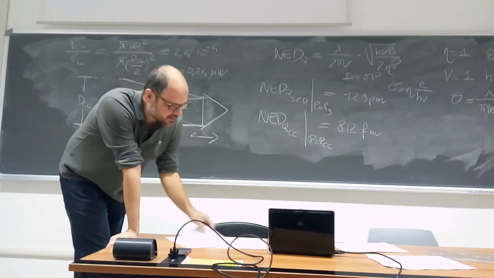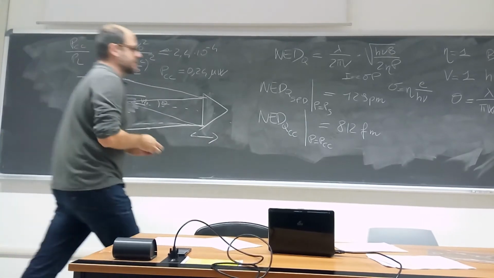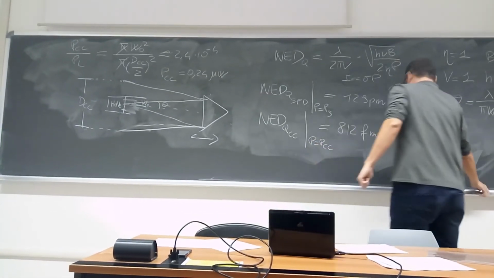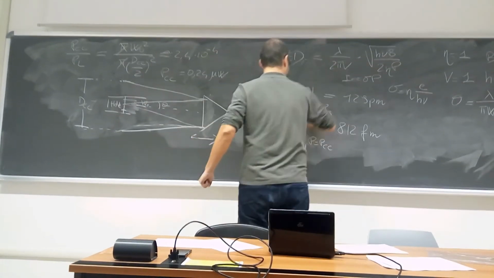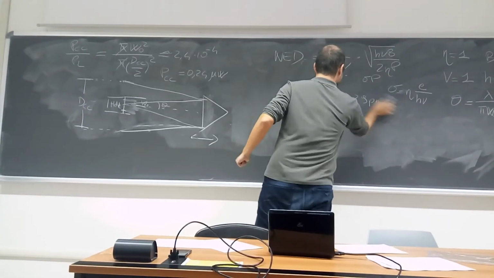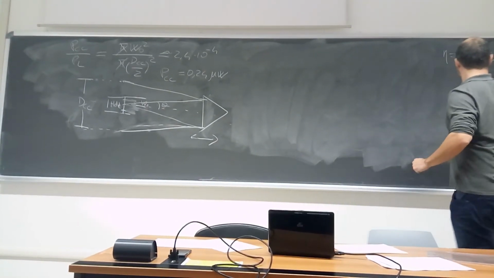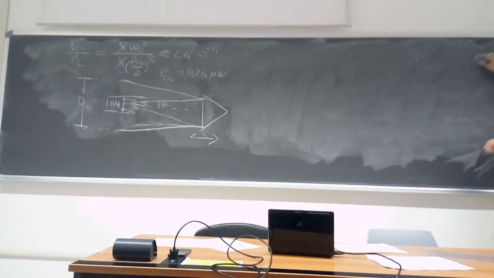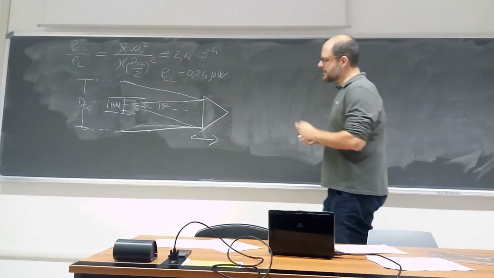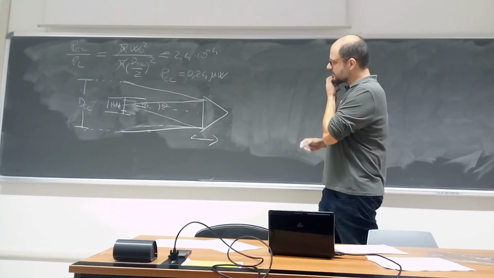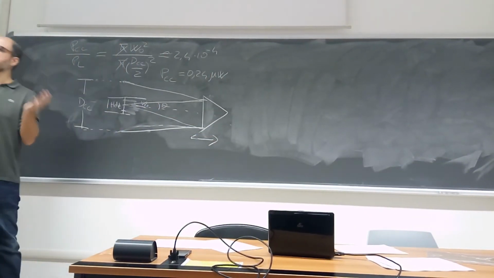Okay, maybe in the last minutes we can review another point that we have seen during our lecture. The other point is, let's suppose that it's not important to consider the diffuser or the corner cube.